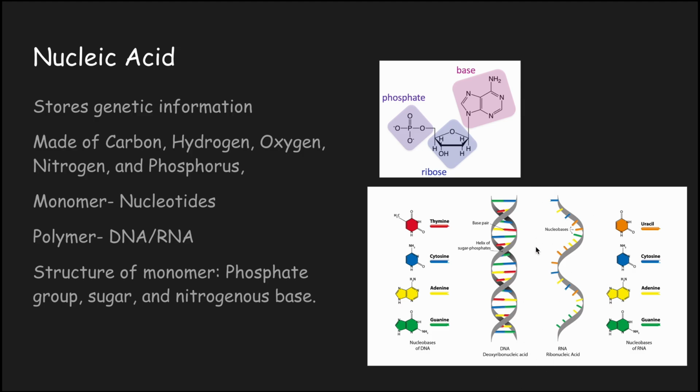Anyways, DNA, just know, stands for deoxyribonucleic acid, and ribonucleic acid for RNA. But like I said, to recap everything we said here: nucleic acids store genetic information. Your monomer is a nucleotide. Your polymer is DNA and RNA.